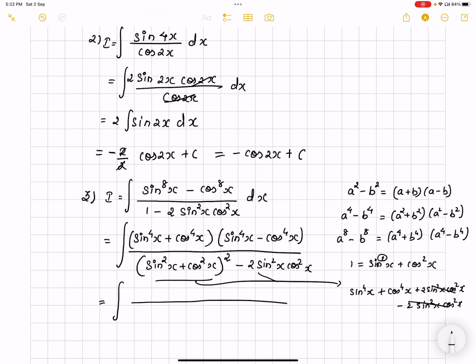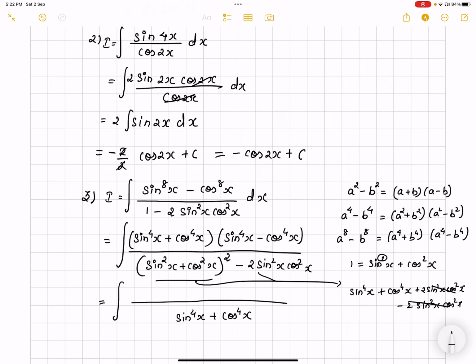Both of them would get cancelled and I would be left with sine power 4x plus cos power 4x. What is this equal to? 1, obviously. And then let's go with the numerator.